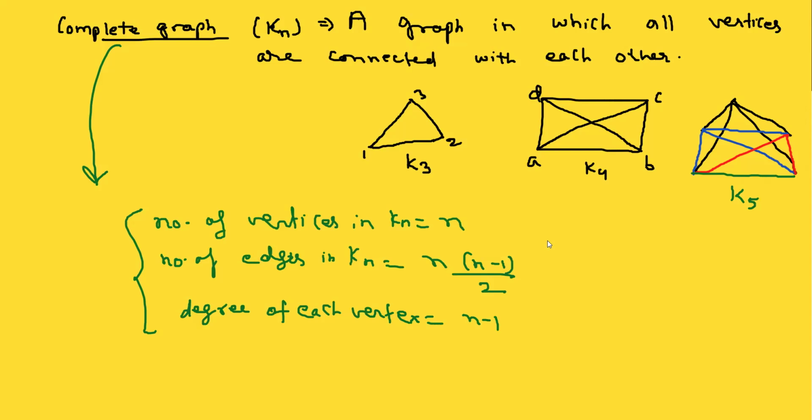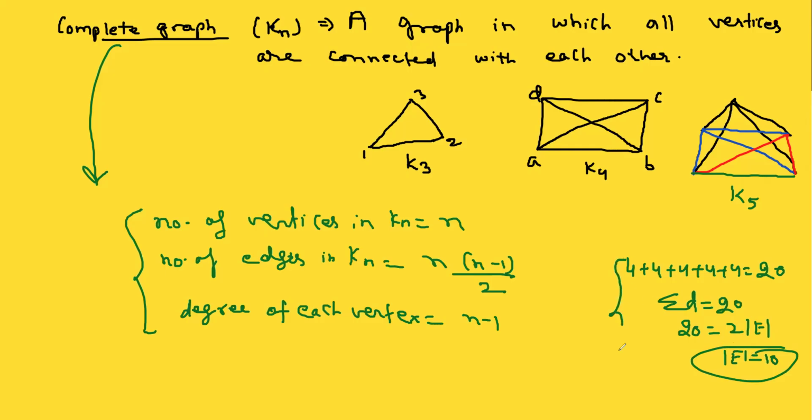If I ask you how many edges are in the complete graph K5, yes, 10. Right? If you don't use this formula, you can also find the number of edges. How? The degree of each vertex is 4. So the first vertex has degree 4, the second 4, the third 4, and so on. So the total degree is 20. And by the handshaking theorem, you know the number of edges will be 10.